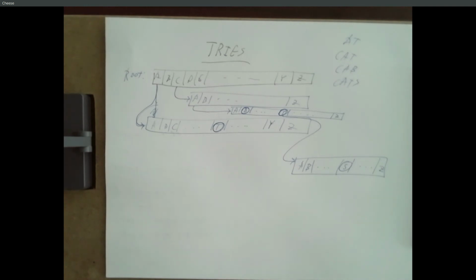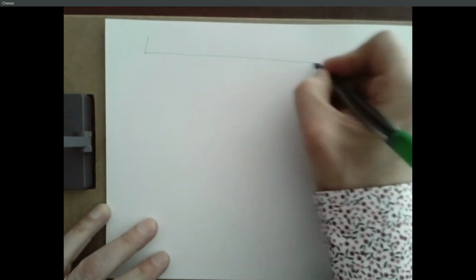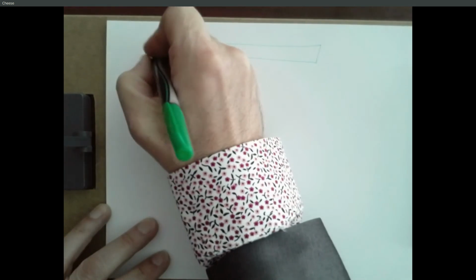So that's the idea. Let me show you a slight variation on this that's a little easier to implement. So our nodes are going to actually have 27 entries.